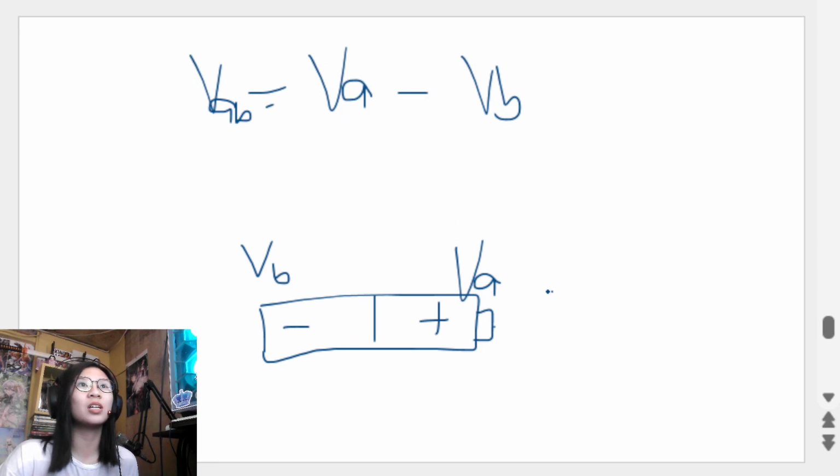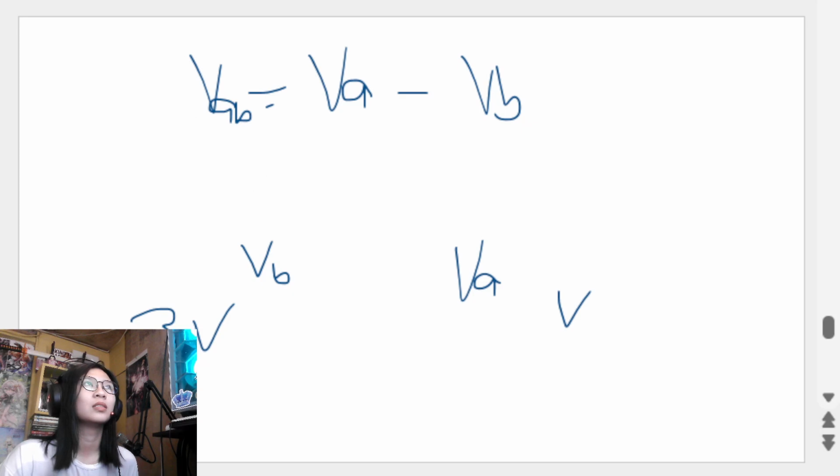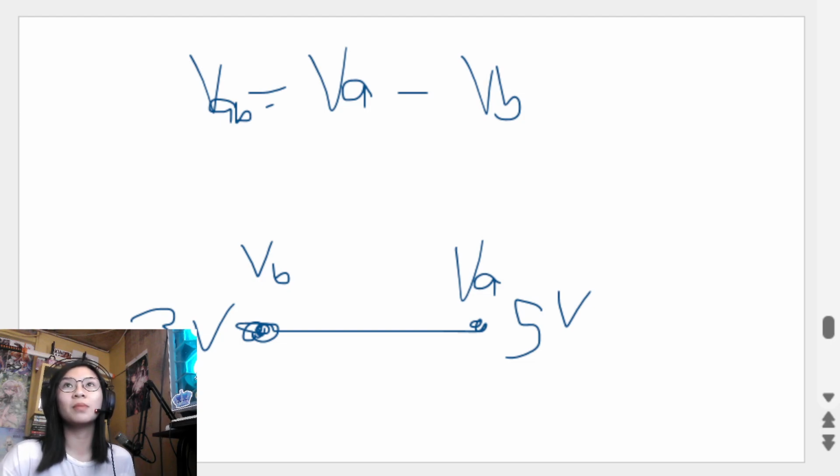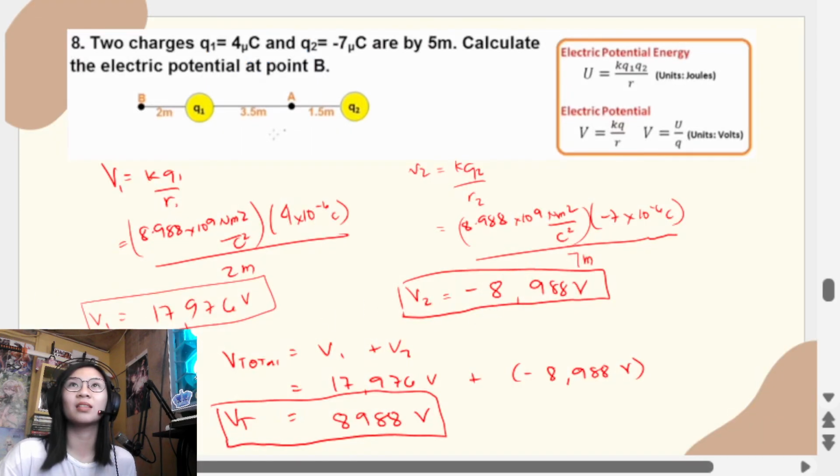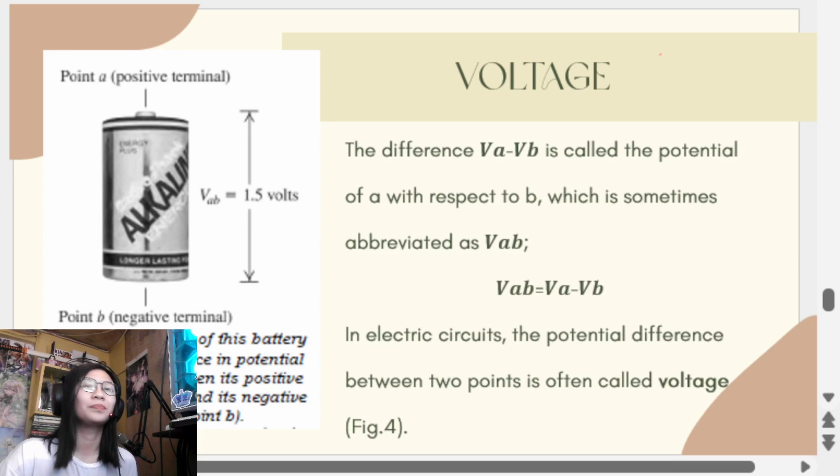Let's say this potential is 5 volts and this is 3 volts, or if not a battery, let's say points. This is point A and this is point B. If we're talking about their potential difference, that will be 5 volts minus 3 volts. Those are the potentials.